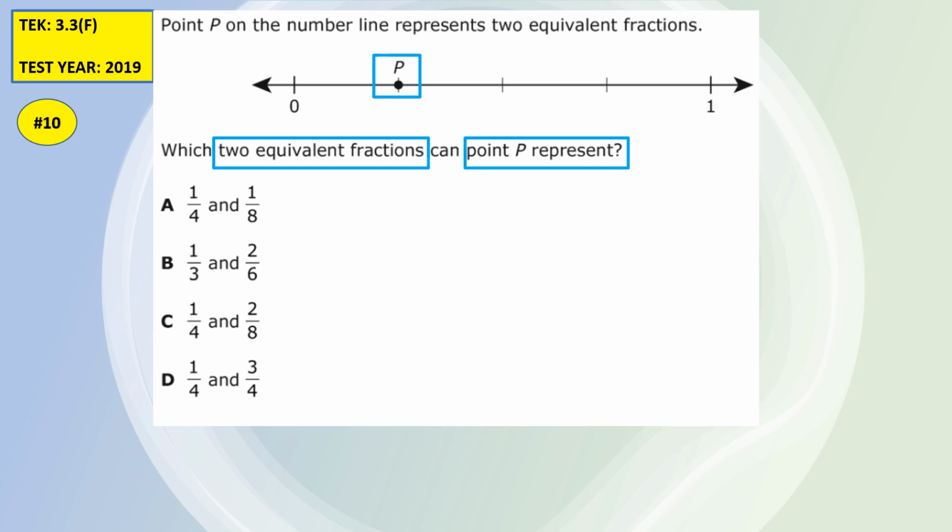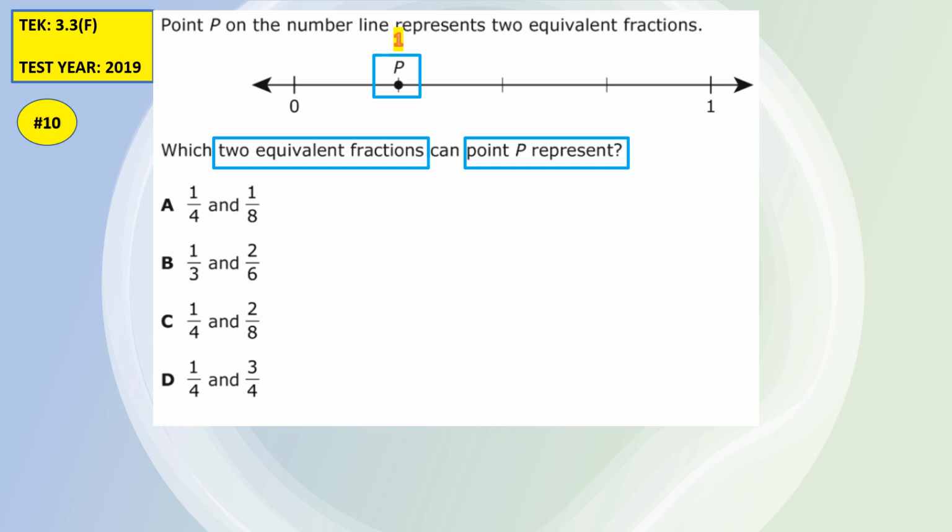Well, this number line goes from 0 to 1, right? But I need to figure out what fraction is represented by this number line. So I'm going to start at 0, right? And then use those marks to count until I get to 1.